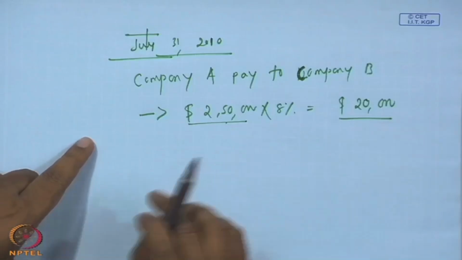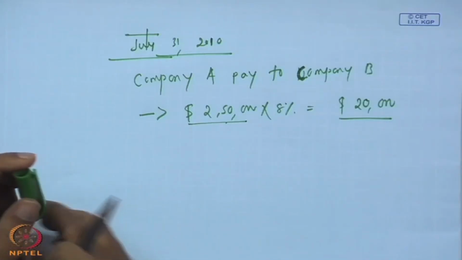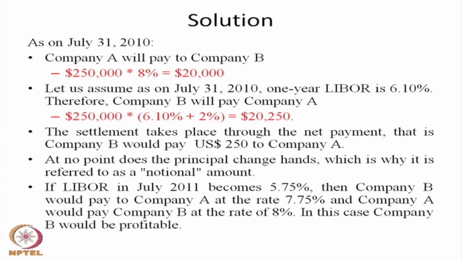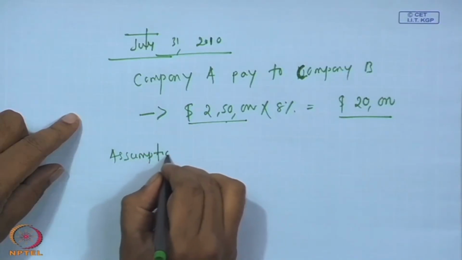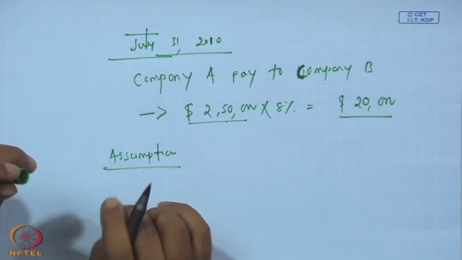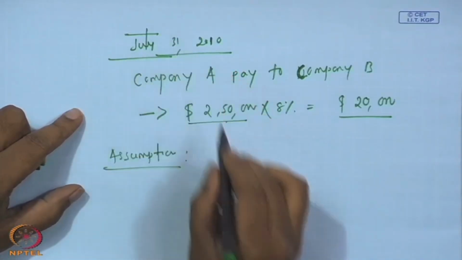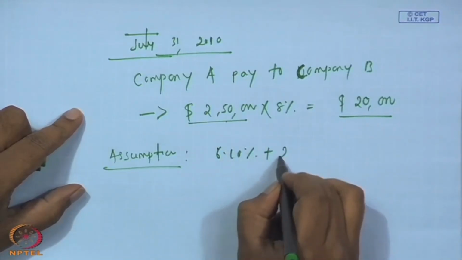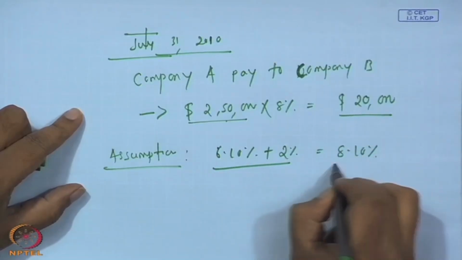So, that is 20,000. And suppose we assume that on 31st July the 1 year LIBOR is around 6.1%. These are assumptions, because we do not know, LIBOR may change. 1 year LIBOR is floating. So, the assumption is that on 31st July the LIBOR is 6.1% and plus 2% is added here, that is 8.10% on 31st July.